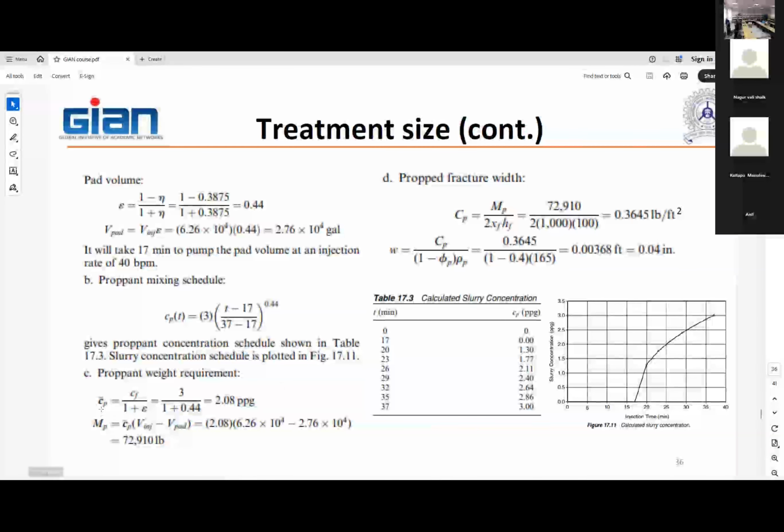Then the total mass of the propant pumped is 2.08 times the injected volume minus the pad volume, which, if you calculate, you will find 72,910 pounds of propant. If you divide this by 2.2, you will get it in kgs. So this is in pounds. So about 30,000 kgs of propant you pumped.